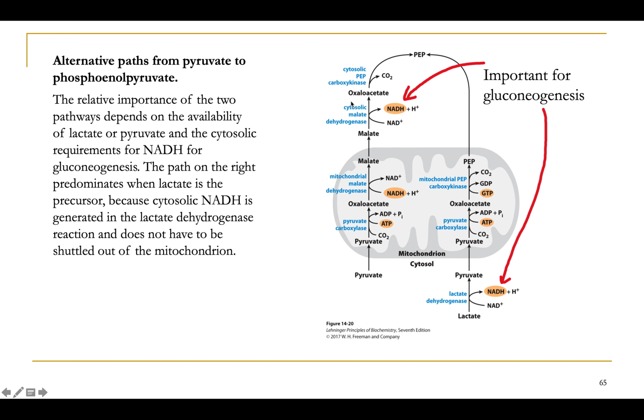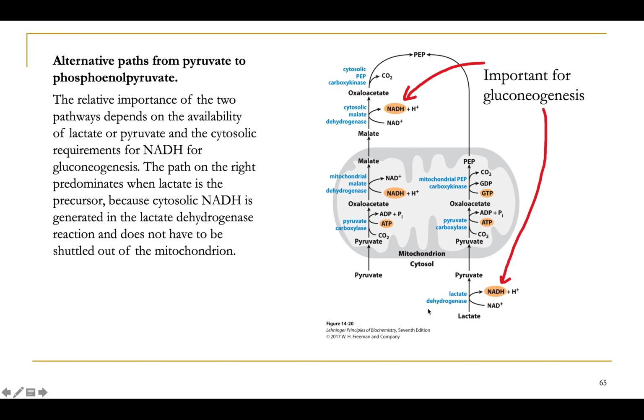But cytosolic malate dehydrogenase unloads NADH from malate, converting it to oxaloacetate. So this way, we start with pyruvate and end up with oxaloacetate and reducing agents which are necessary for the gluconeogenesis pathway. Then this oxaloacetate is in the cytosol again converted by PEP carboxykinase into phosphoenol pyruvate.